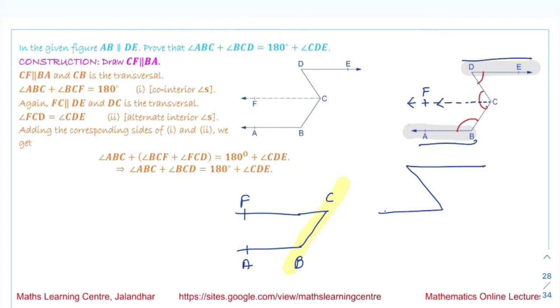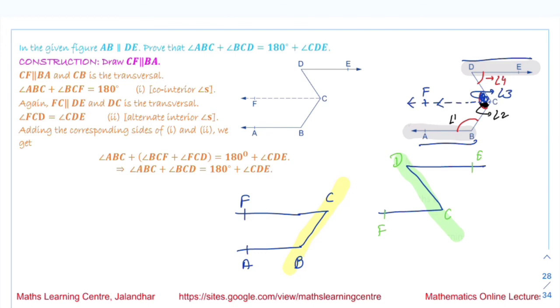Similarly, in the second case it is DE and CF, and this will act as the transversal line. Suppose this angle is angle 1, this smaller angle is angle 2, then this next angle is angle 3, and the next angle is angle 4.